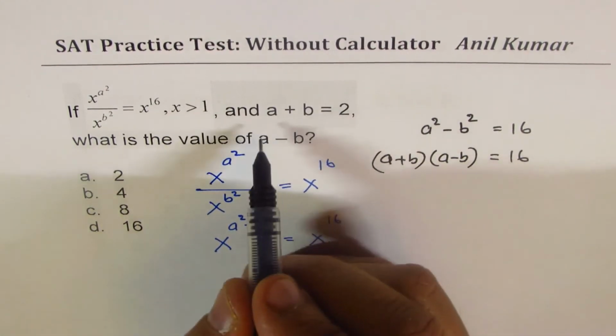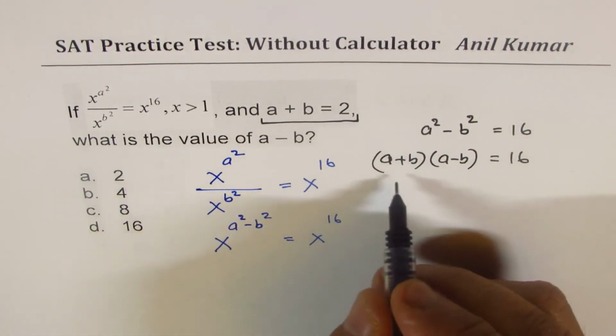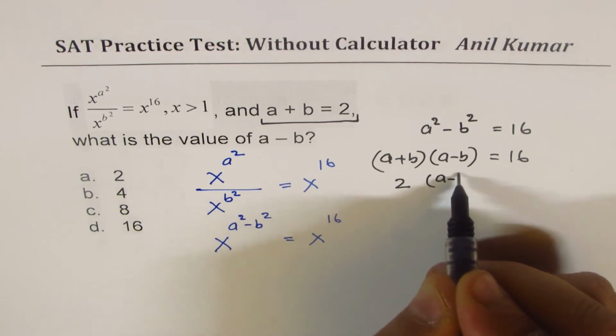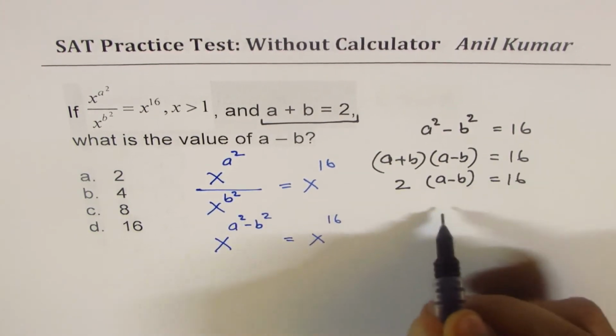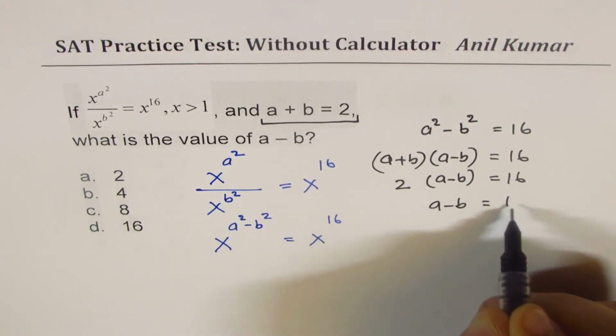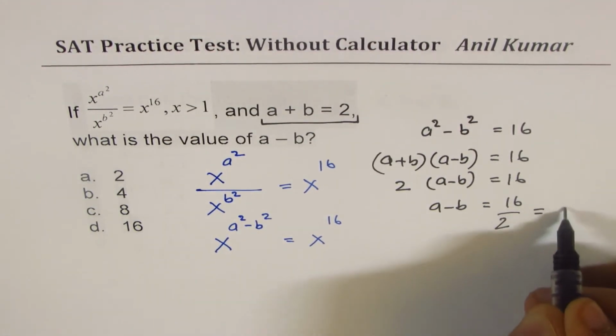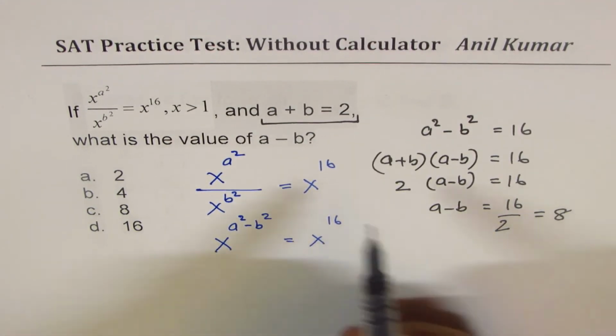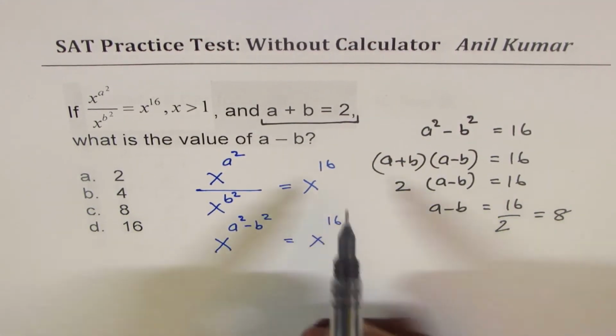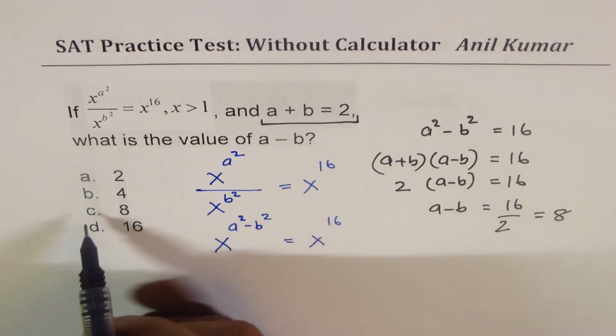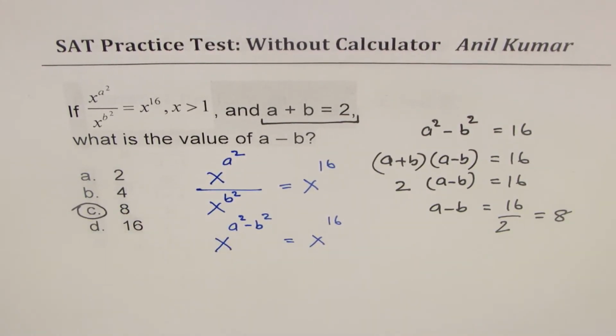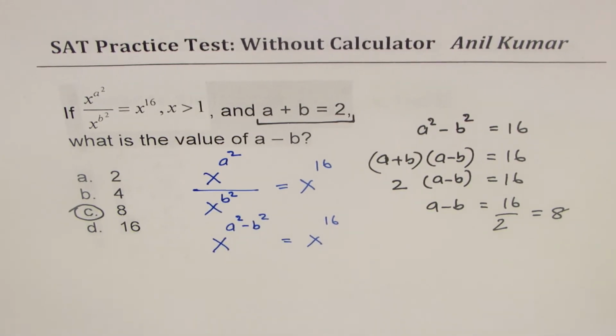We are already given that a plus b is 2. So this is 2 times a minus b, and therefore a minus b is 16 divided by 2, which is 8. Well, I know you don't have to do all these steps, but that is just to explain it to you. So this was not at all a difficult question. You could have done it in just 2 steps, right? So you get 8 as your answer.